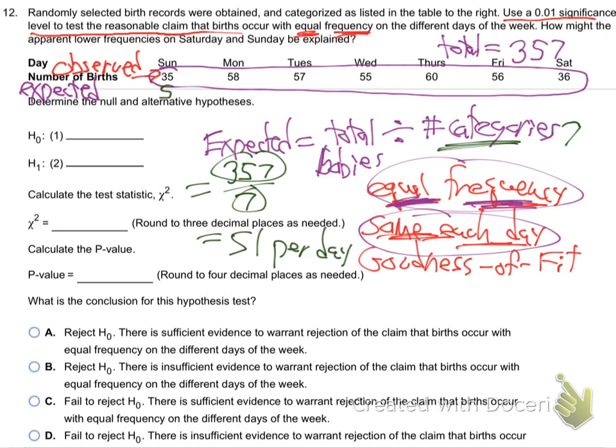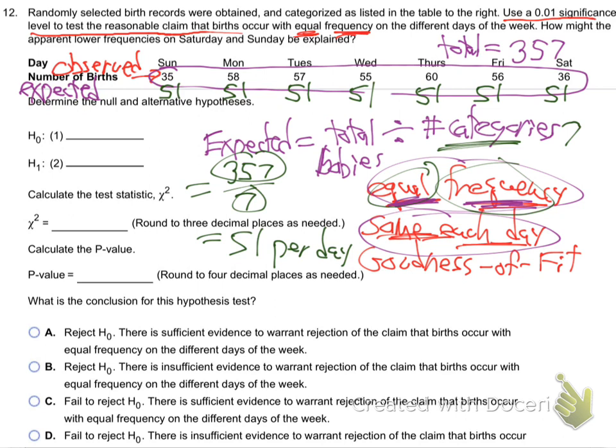So in other words, 51. That's how many babies we expected to have each day if really babies were born with equal frequency. That's what we're testing. Are they really born with equal frequency?